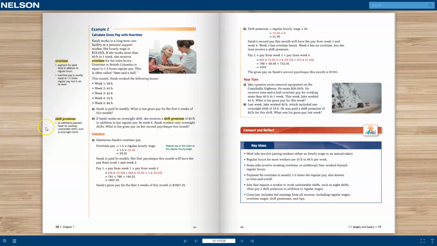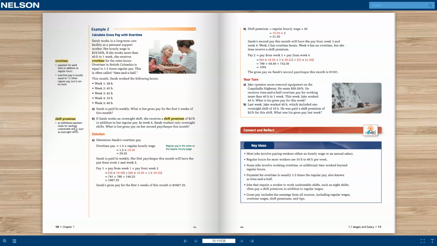The last term we're going to talk about before we jump into this question is shift premium. Certain shifts are undesirable, and an example is overnight shifts. Most people don't want to work at 3 or 4 in the morning. It messes up your sleep schedule. Working overnights a lot is actually really bad for your long-term health.